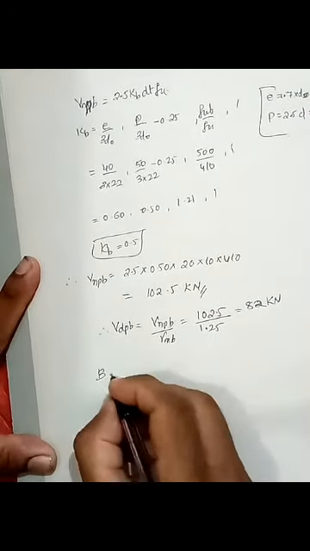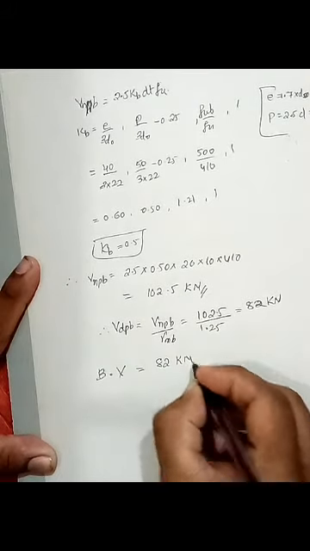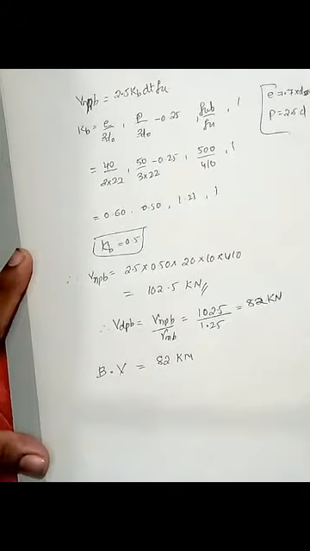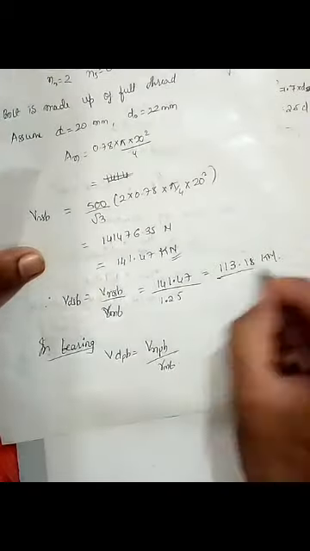So bolt value BV is the least between this and this, 82.